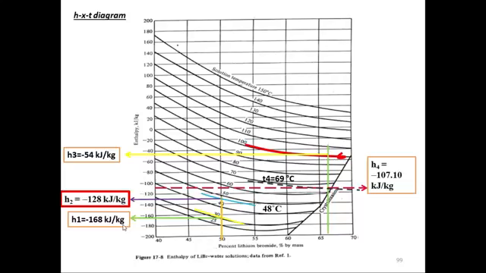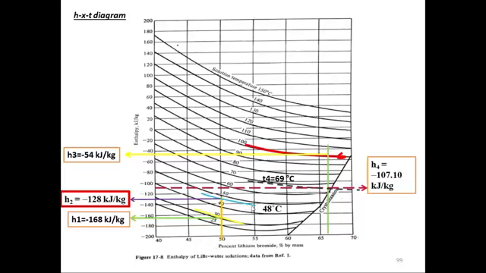Then the H2 value. H2 is after the heat exchanger, and the temperature there is known: the temperature of the solution coming out of the heat exchanger, going in from the absorber side, is given as 48 degrees centigrade.